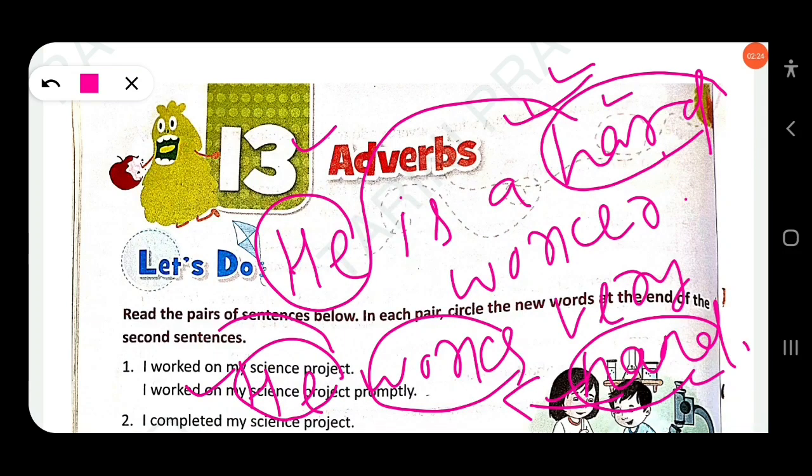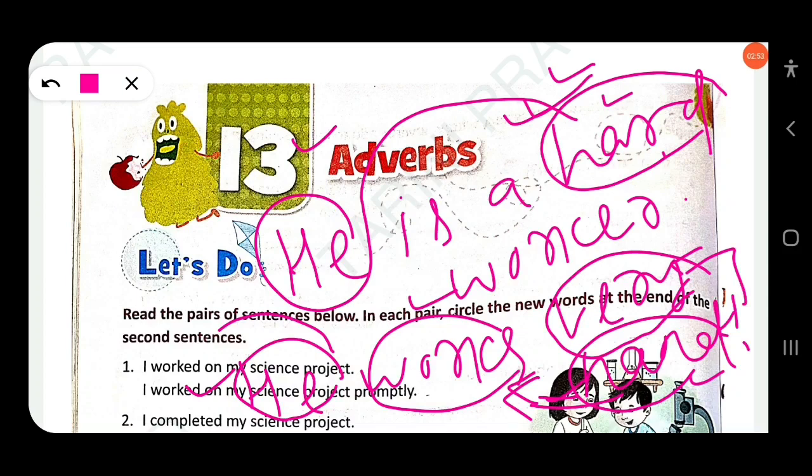Adverb means the words that tell more about the verb. Here the verb is works. Hard tells about works, not the noun or pronoun. There is also another adverb, very. Very is an adverb of degree.